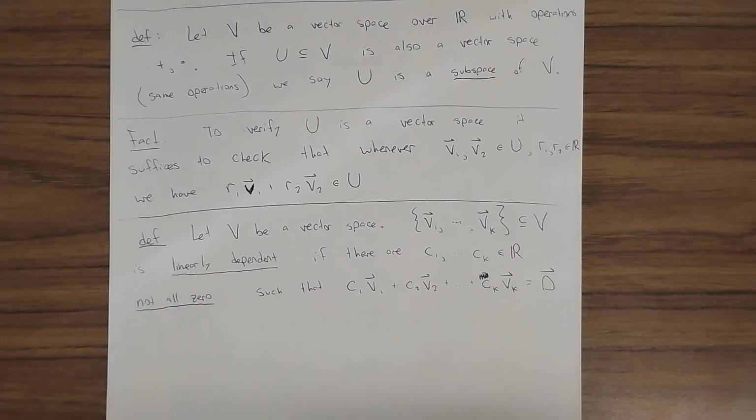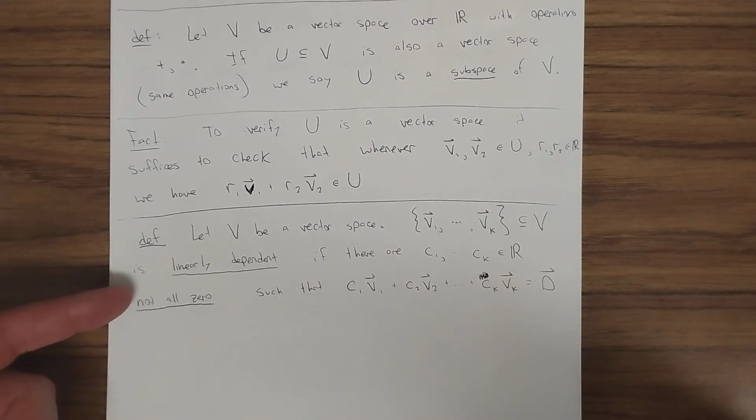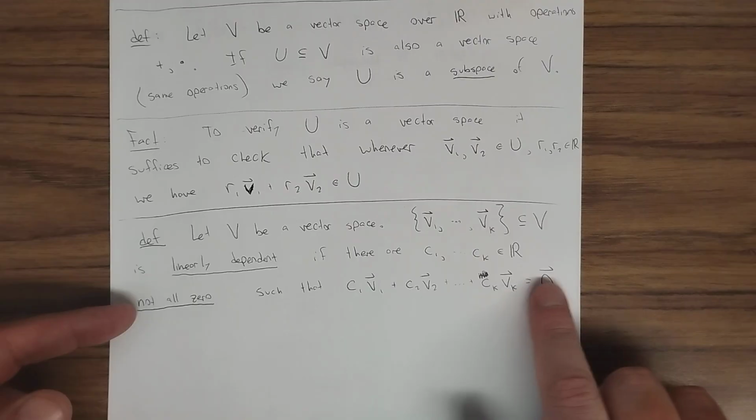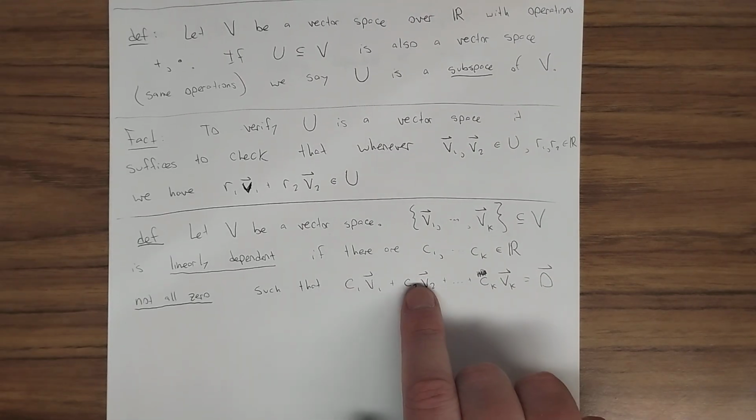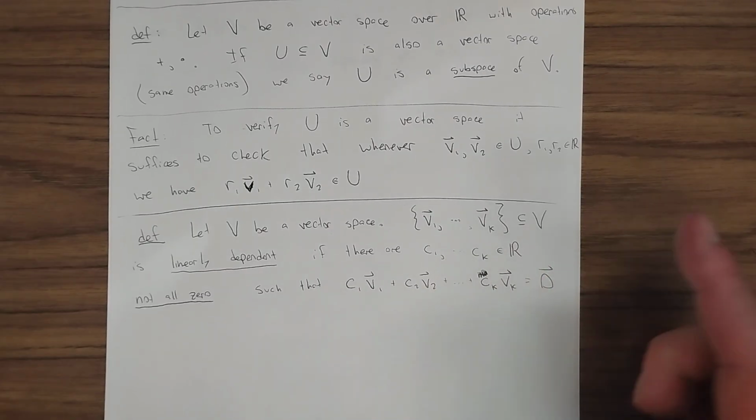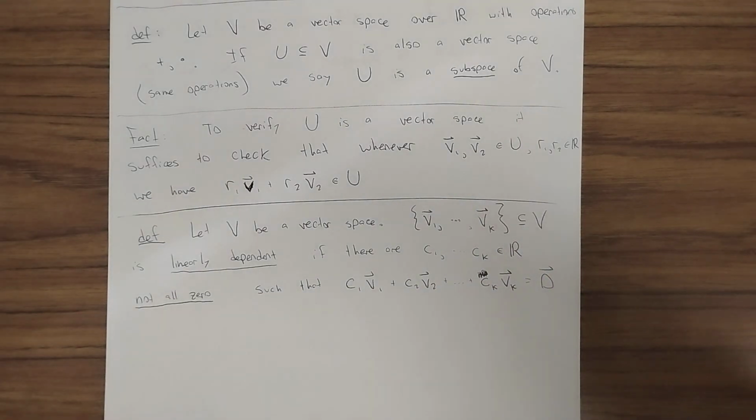Now, let me point something out. This requirement is important. If I allowed all the c's to be 0, then it would be very easy to satisfy this equation just by letting all of them be 0. If all of these c's were 0, then this would automatically be the 0 vector no matter what. So we're not interested in that.